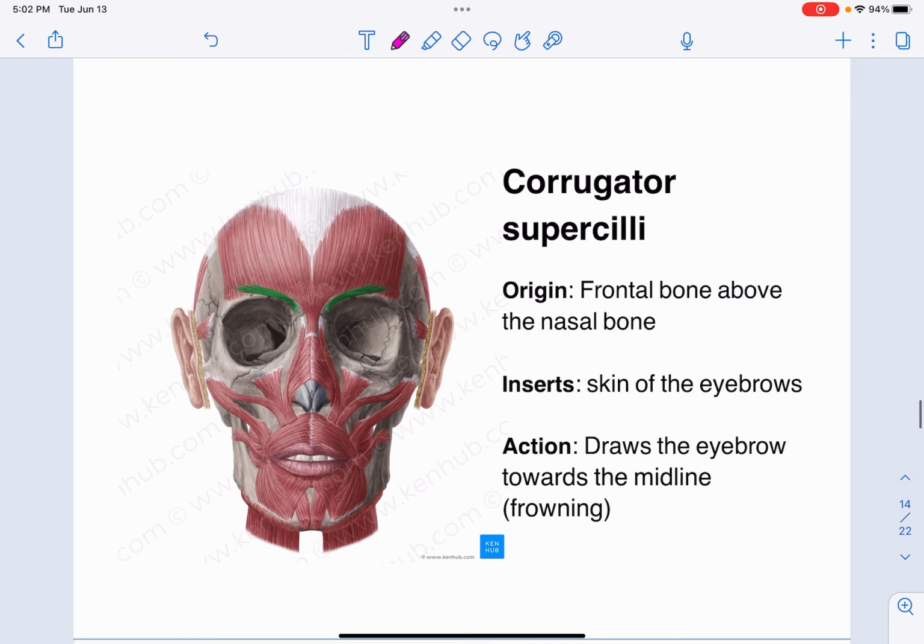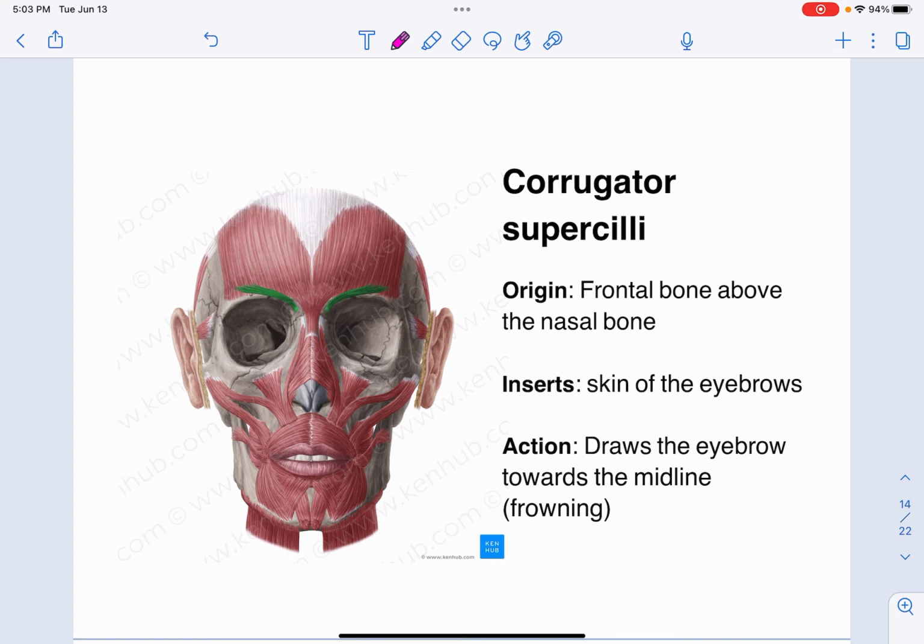All right. The next muscle is the corrugator supercilii. And you may remember the superciliary arch that we talked about when we were talking about the features of the skull. This muscle originates in the frontal bone.